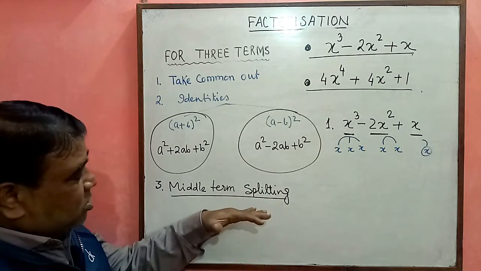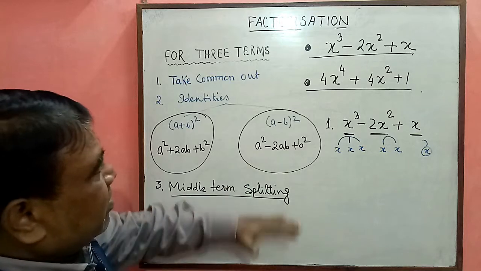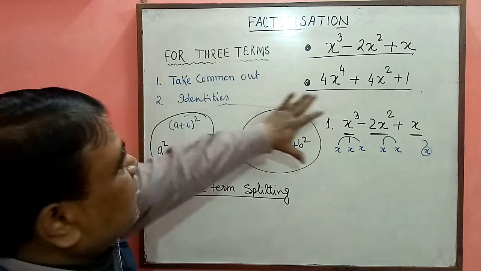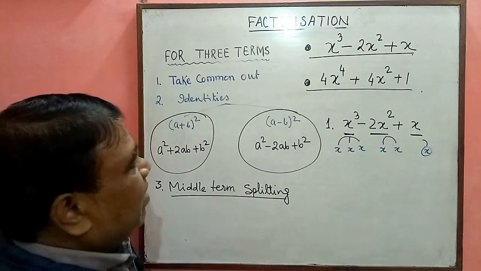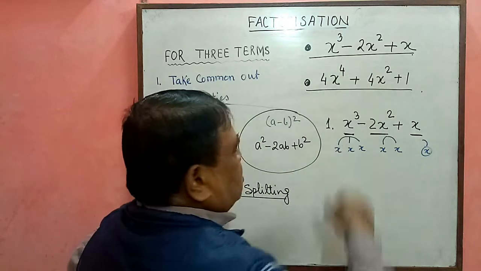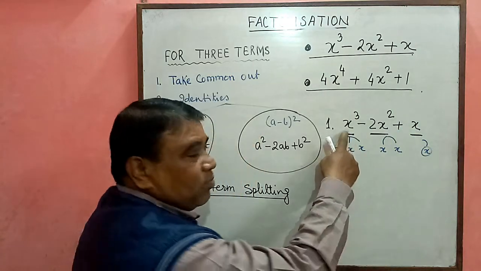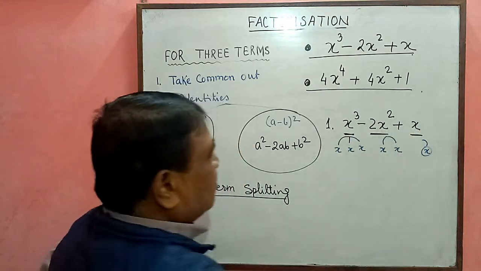Now I will come to this next. At a time, I will discuss this briefly, with the help of these two examples. The first example is x cube minus 2x square plus x.